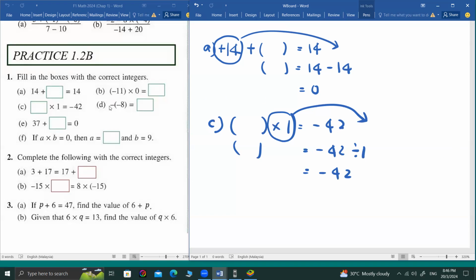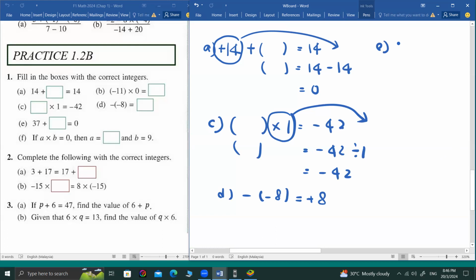Negative, negative, just like I said, when they meet together, it becomes positive. Or you can write plus. Understand?